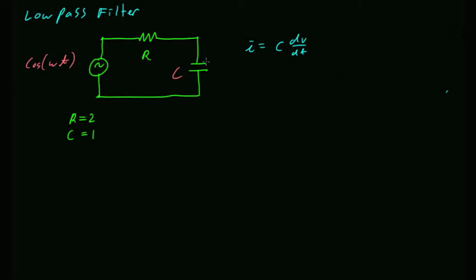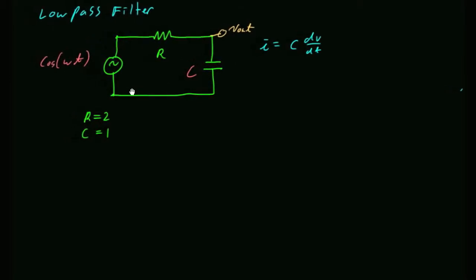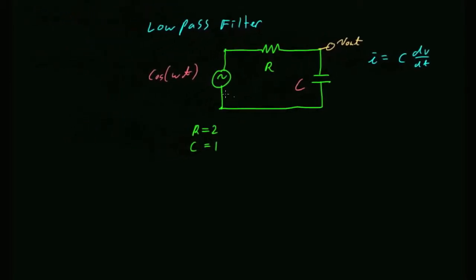And if I is small, there's no IR drop across the resistor. Therefore, your output voltage will be equal to the input voltage. So for low frequencies, for low omega, your dV/dt will be small, which means your I will be small, which means that V out will be approximately equal to V in. So at low frequencies, output equals input, or pretty close to it.